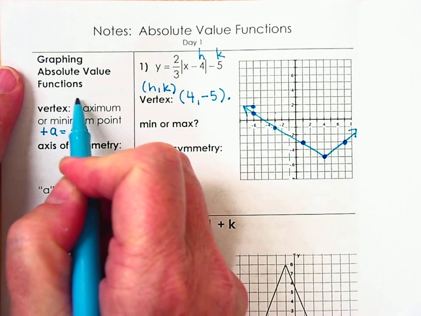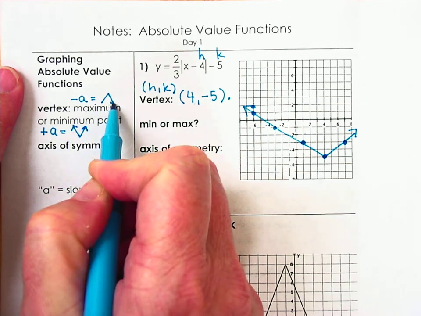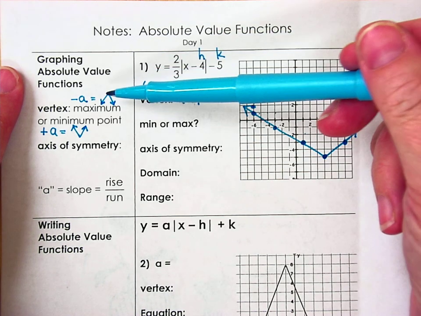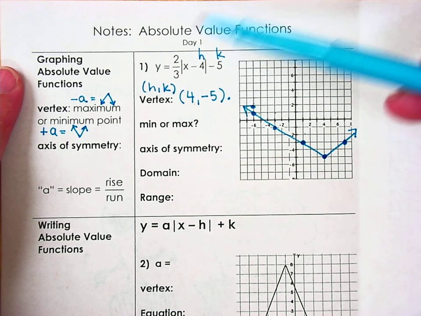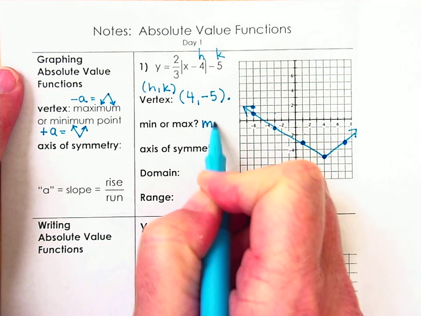If the A value is negative, then the graph is actually going to be opening down because we have a reflection across the x-axis. That's going to cause the vertex point then to be a maximum value. It's the highest value on the graph. So in this case, the graph is pointing up because we have a positive A value. So that means that this is a minimum vertex point.